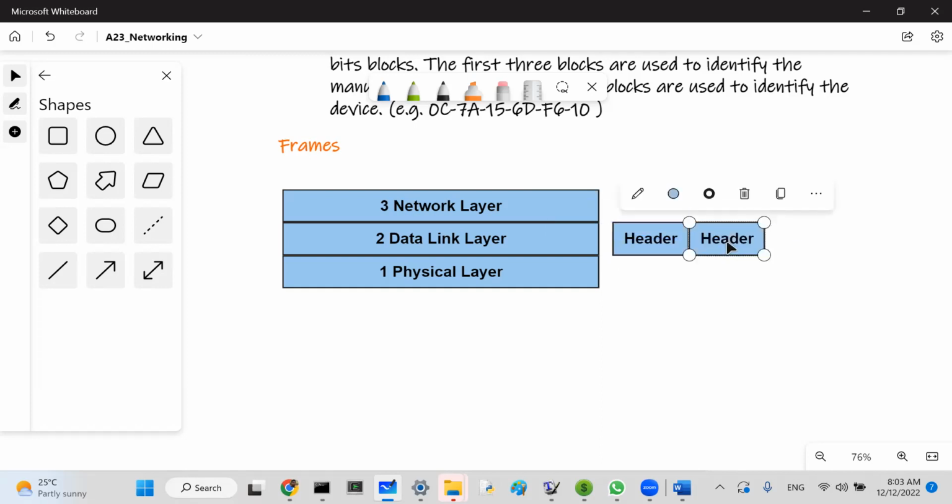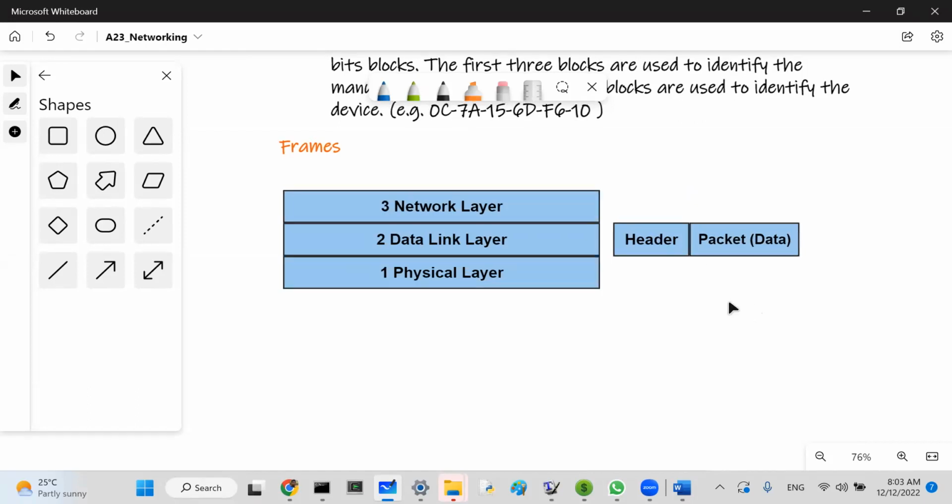The second part is called the packet, or the data. That is the actual data. And then like the header, we have a trailer part as well. At the end also, to mark this is the end, we have some bits added.